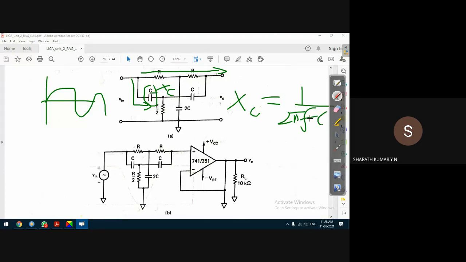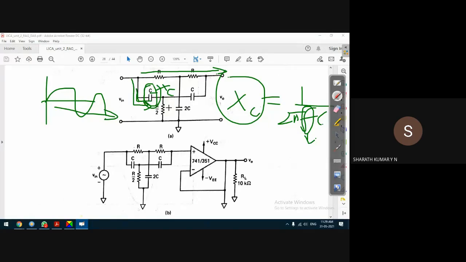C is constant, so it depends only on the frequency. Lower the frequency, higher is the impedance. That means at a very low frequency, this will block the signal. So at low frequency, the impedance of this network is very, very high. As the frequency increases, this acts as a short circuit, so it will allow the high frequency signal.